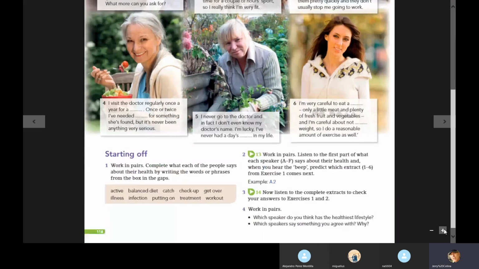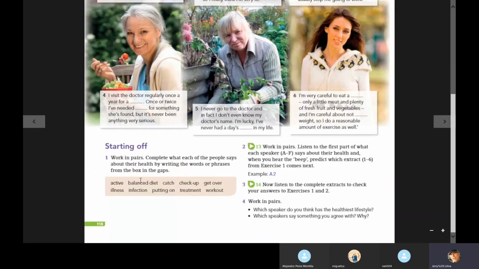Here, maybe you see that there is a box with some words and phrases: active, balanced diet, catch, check up, get over, illness, infection, putting on, treatment, workout, you see?